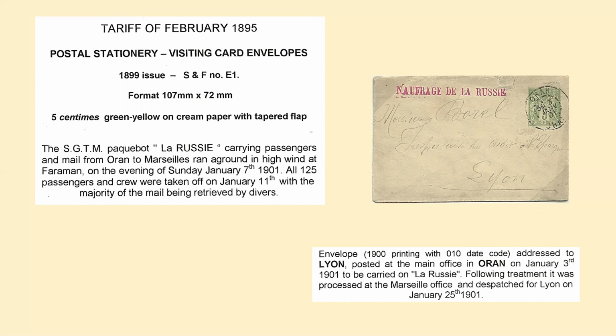Unfortunately, the boat sank or ran aground in high winds. The majority of the mail was actually retrieved by Navy divers, which was then treated, i.e. dried out, and processed at the Marseille office.